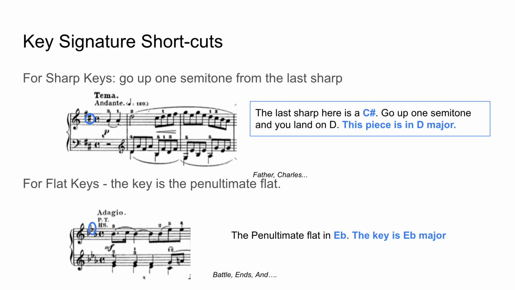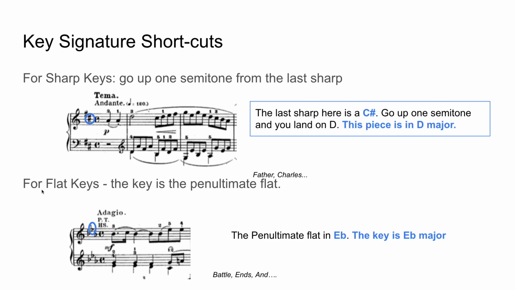So this is an extract in D major, and I know it's in D major because the last sharp is C sharp, and if I go up one semitone from C sharp, I land on D, and that piece is very likely, therefore, to be in D major.